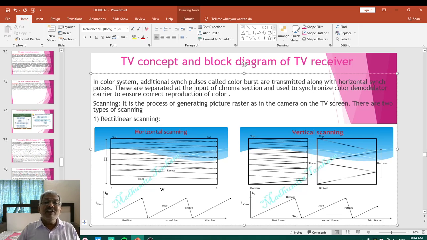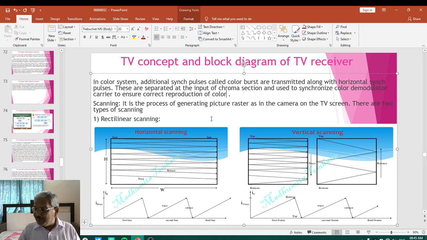To understand the meaning of rectilinear scanning, as we have studied while understanding the concept of television communication using the block diagram of the television transmitter and that of the television receiver, in the receiver the electron beam with high velocity, containing the picture information and having high kinetic energy, after passing through the horizontal and vertical deflection system, is directly incident on the television screen, and the screen is coated with fluoroluminescence material.